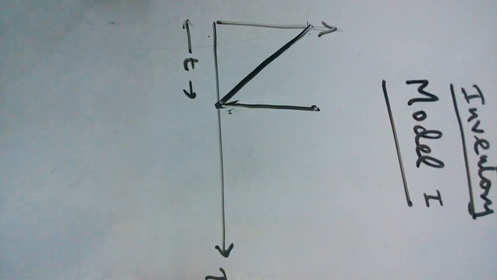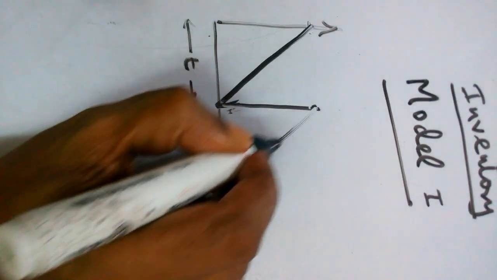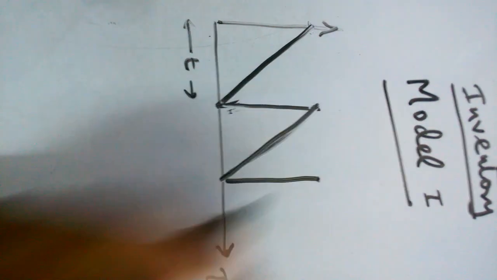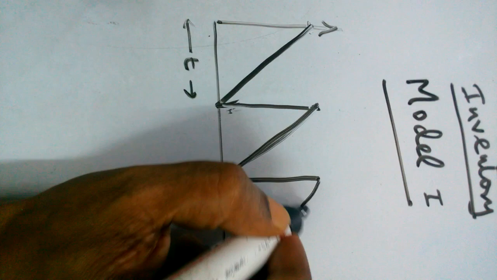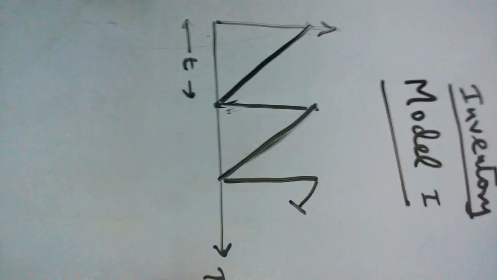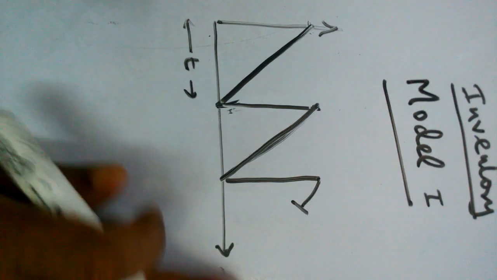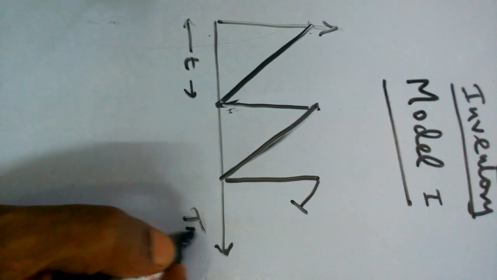This is the inventory level which we want to maintain, and again it will be exhausted, and then again it will be, so this way it will continue. This is a time axis.